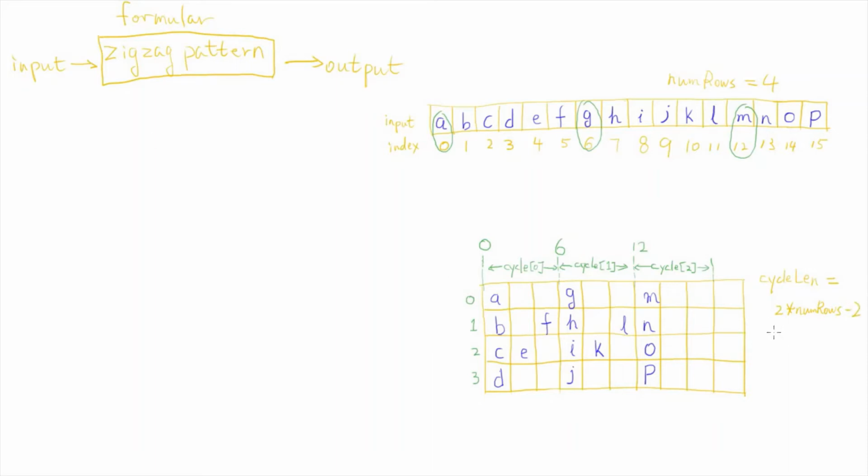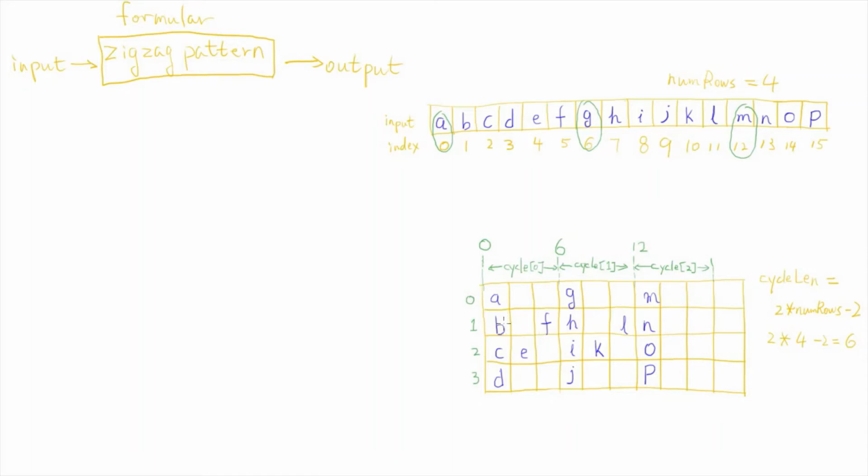In our example, the num rows is 4, so the cycle length is 2 times 4 minus 2, which is equal to 6. And here is a full cycle, from character A to character F. There are 6 characters in the full cycle.